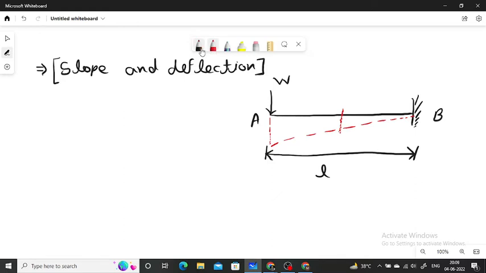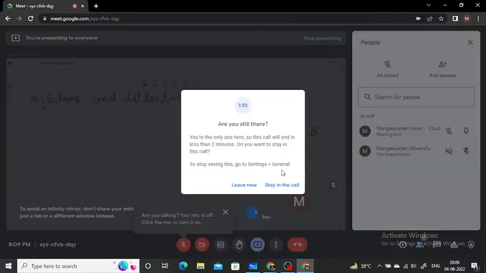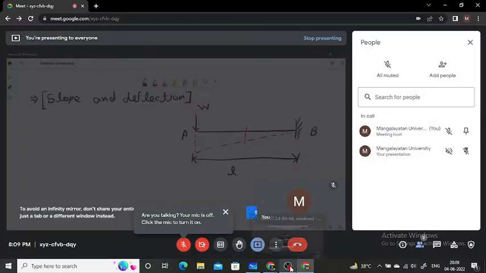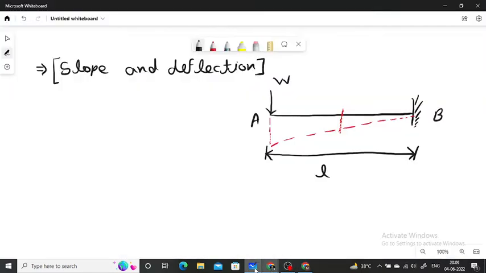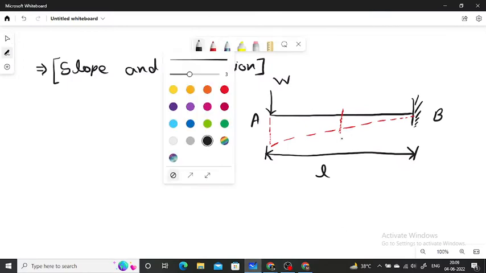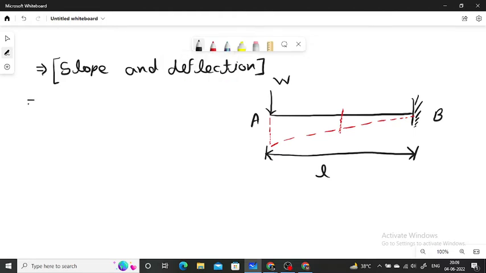Suppose section is at a distance x from the point A. Okay, let us consider a cantilever beam of length L having a point load at its free end.